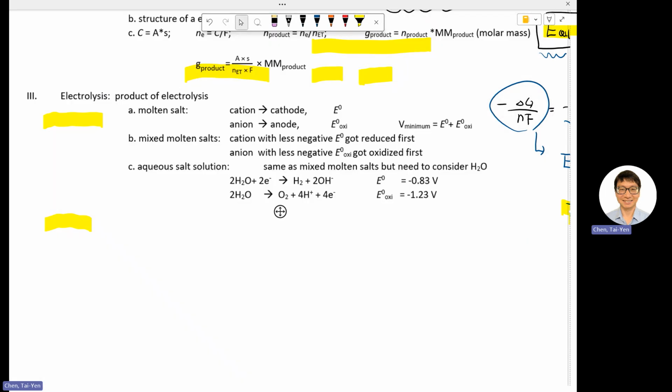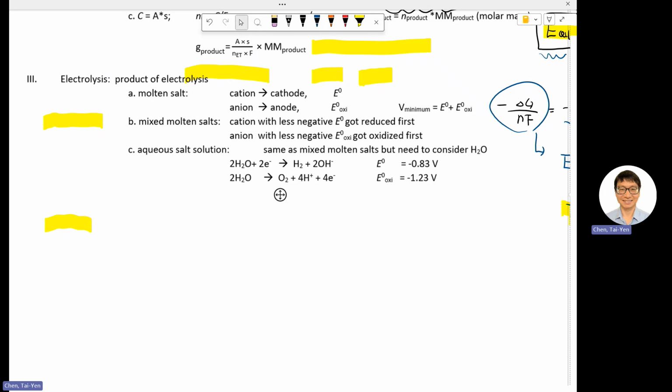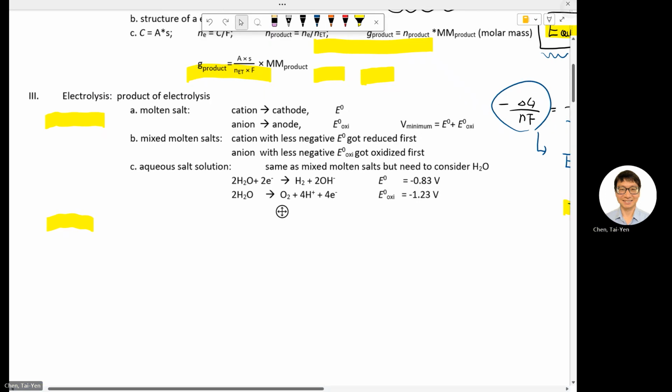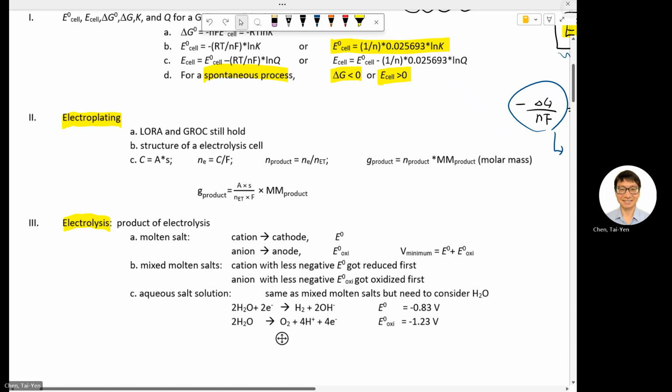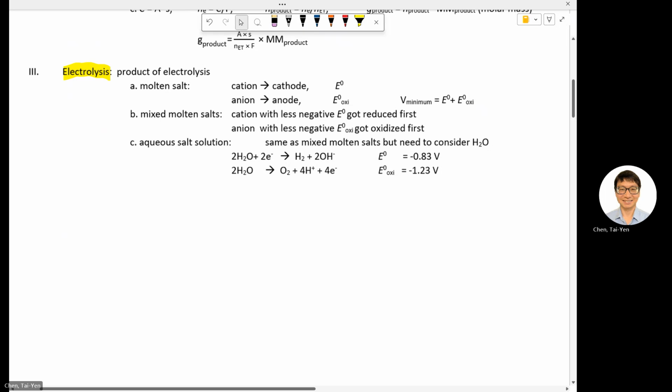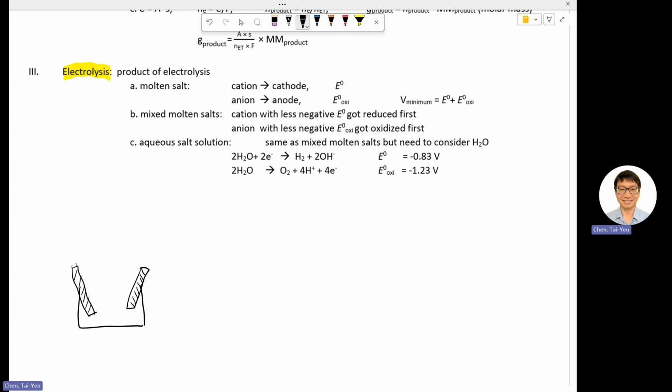Therefore, it will look something like this. You're going to have a cell with your containers, and you put your electrodes inside your solution, and then you connect to a big battery. And inside your solution, you put your cation and the anion.